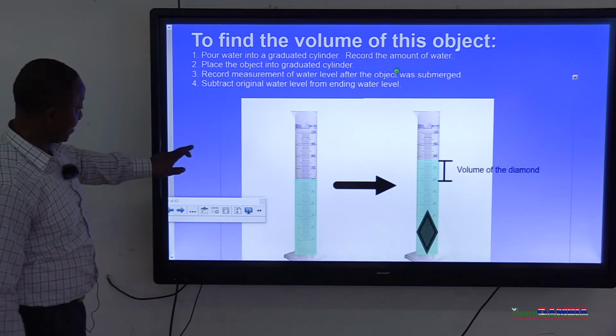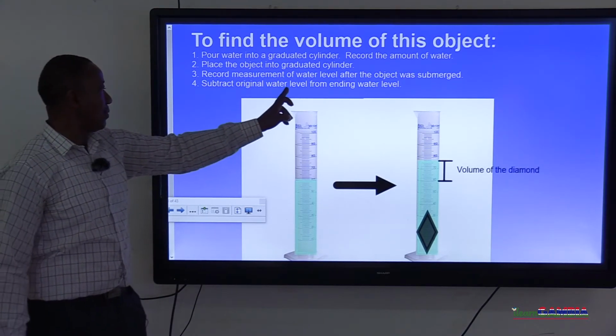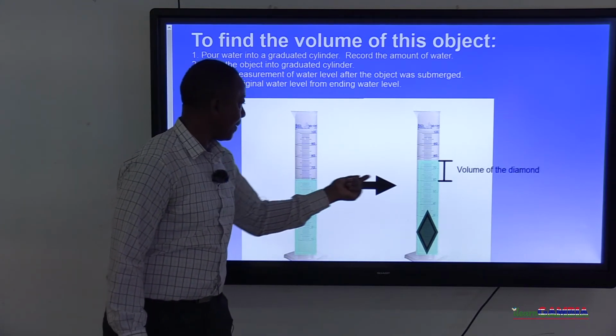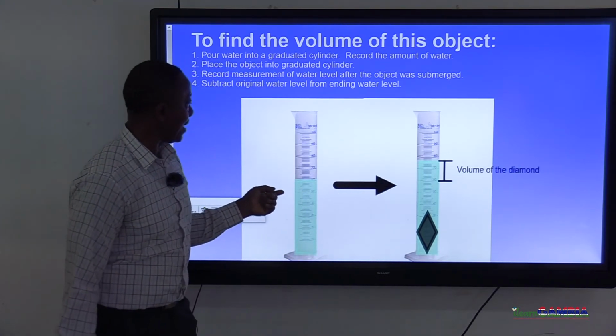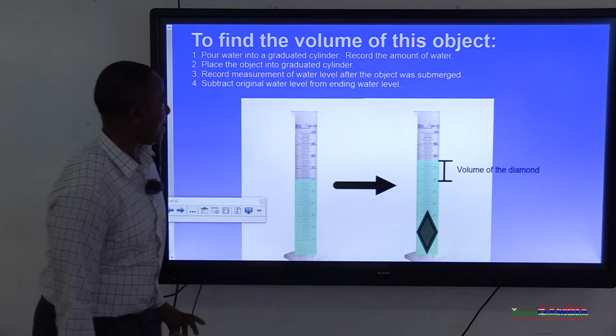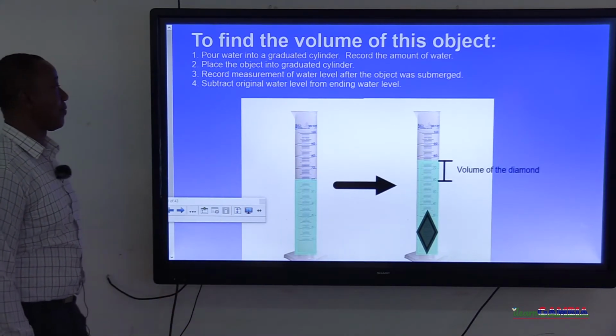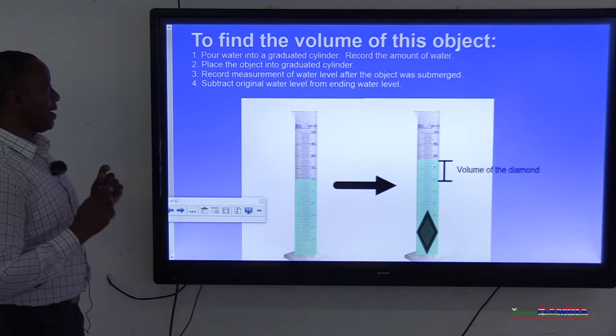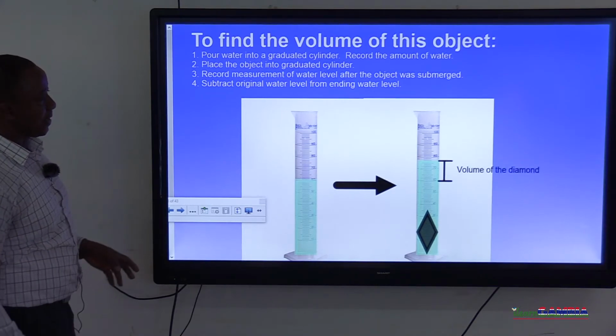So how do you find that? You simply subtract the original water volume from the ending water volume. Whatever figure you have here, in this case it was 600, you subtract it from what you have here, which is about 780, and then you have your volume. So this is how you find the volume of an irregular object. What are the steps?